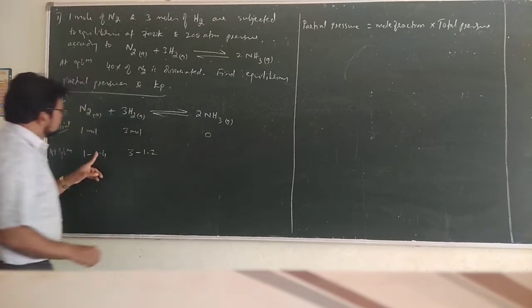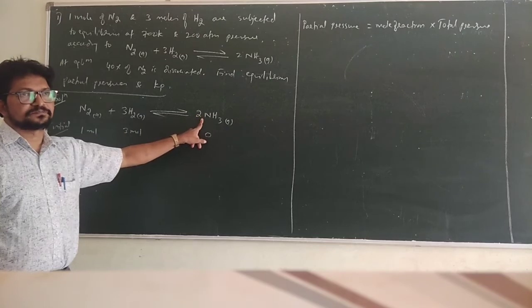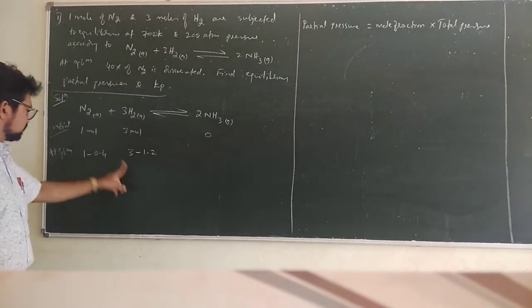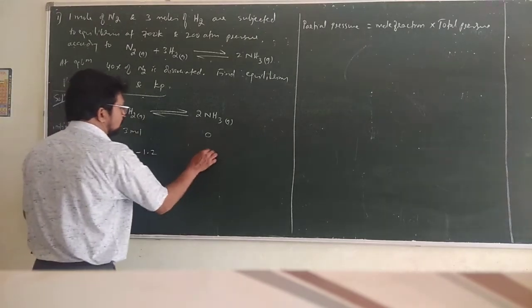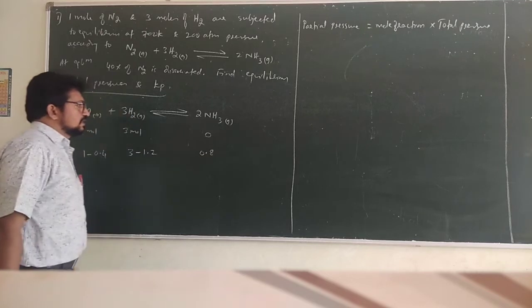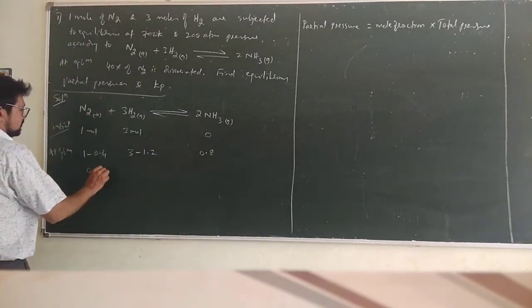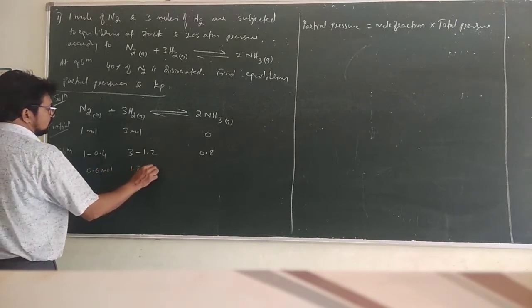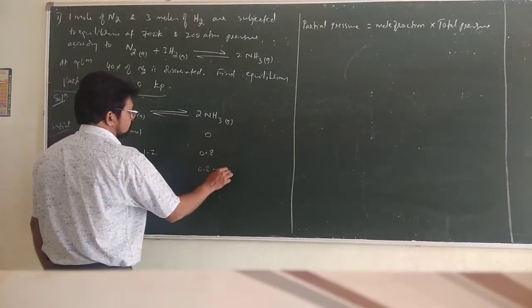And 1 mole nitrogen gives 2 mole ammonia. 0.4 mole is dissociated from nitrogen, so it means 0.8 moles of ammonia. So write the equilibrium moles: 0.6 mole, 1.8 moles, and 0.8 moles.